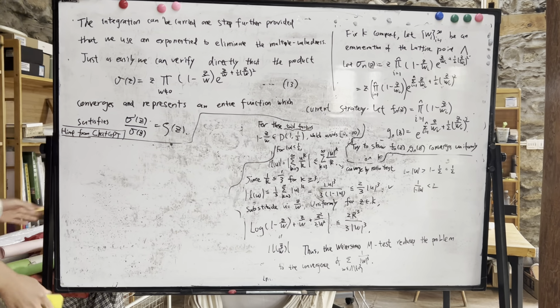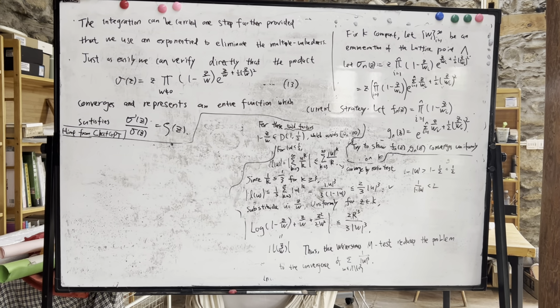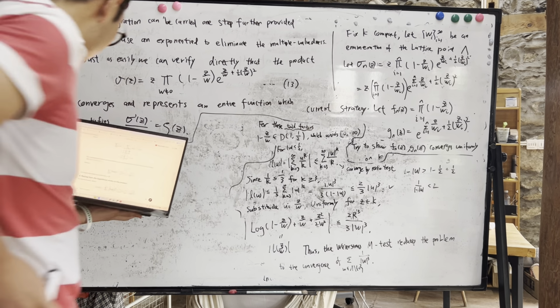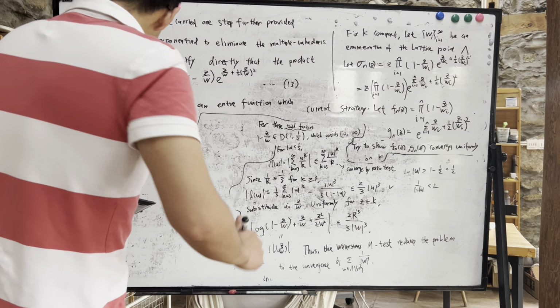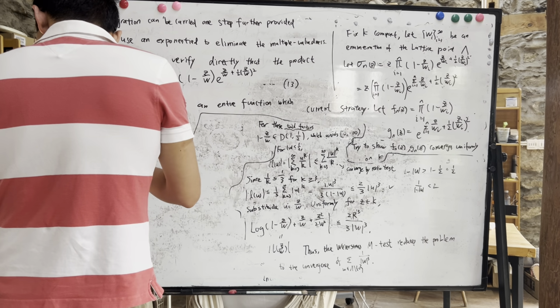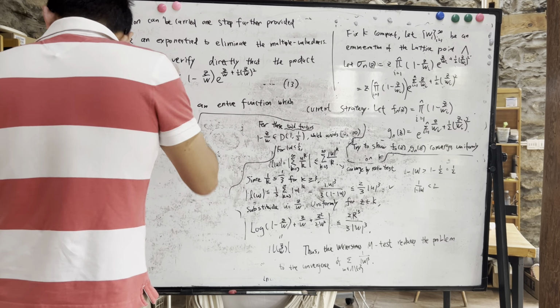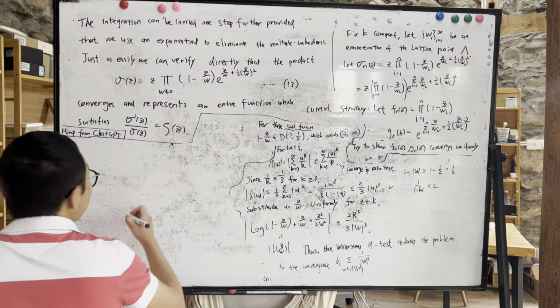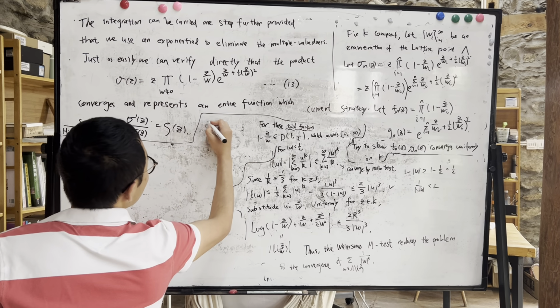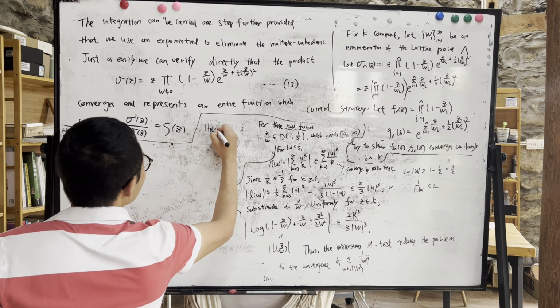Okay, so he is explaining why this sum of omega to the negative third power converges. So therefore, let me just use this space.